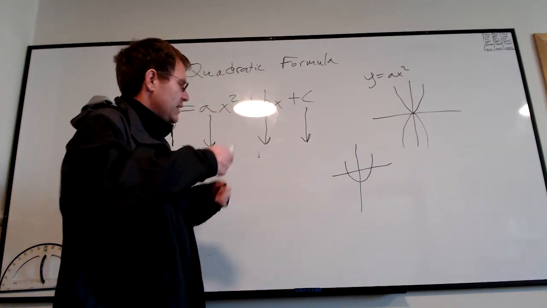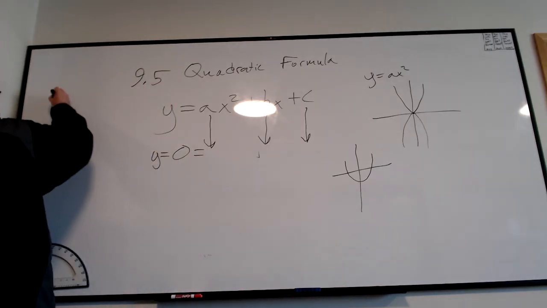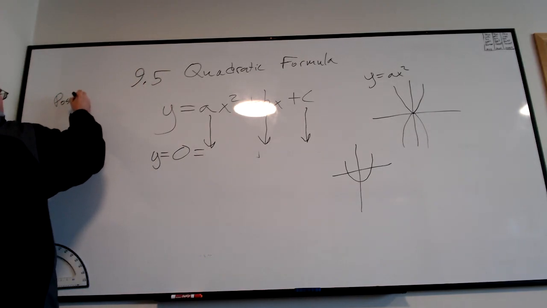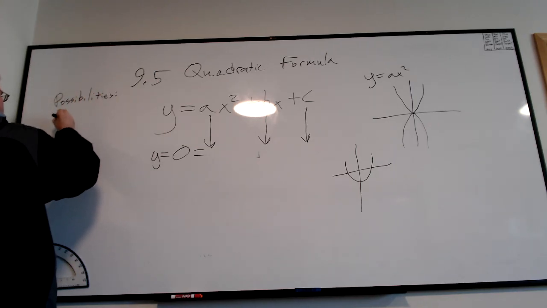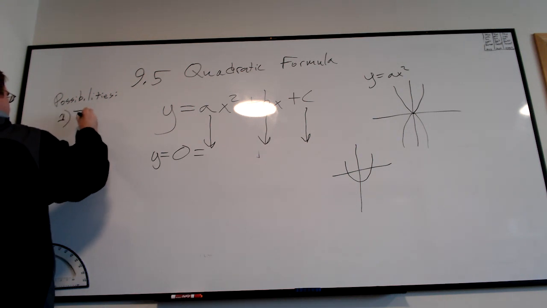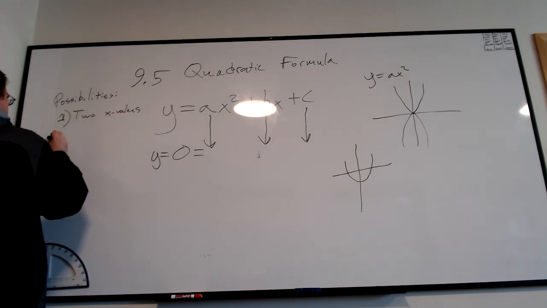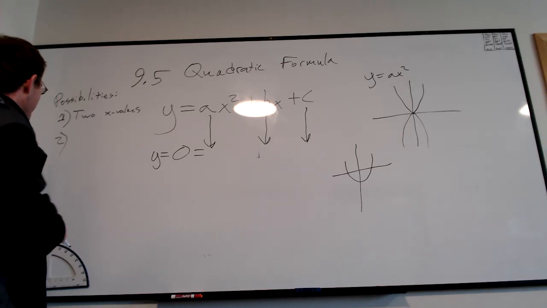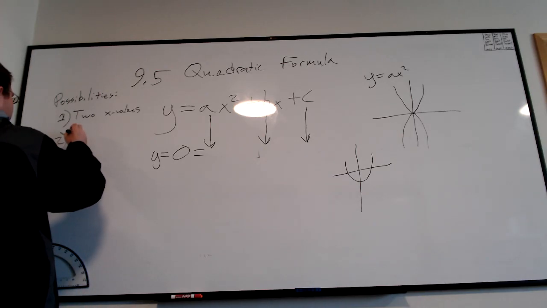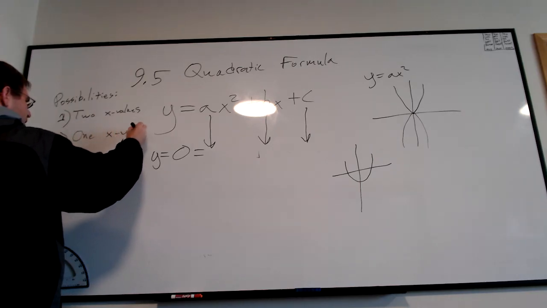So that's one possibility. So we can have four possibilities here. One would be two x values. Then number 2, that sounds funny after saying 2x values, number 2, we can have 1 x value.